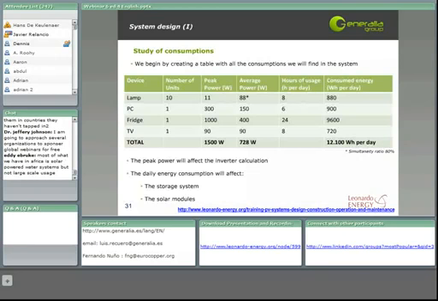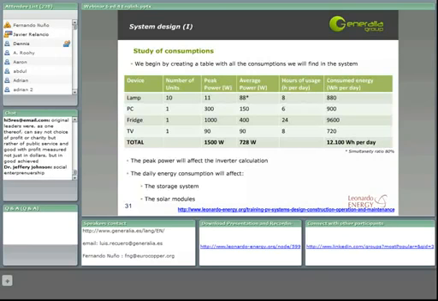So we have to do a table like the one that you can find in this slide, studying which devices does our user have, what are the number of units of each device, which is the peak power for that device, which is the average power considering a simultaneity ratio, how many hours are they using that device each day, and finally, how much is the consumed energy for each device per day.